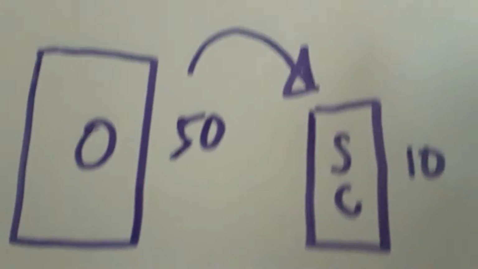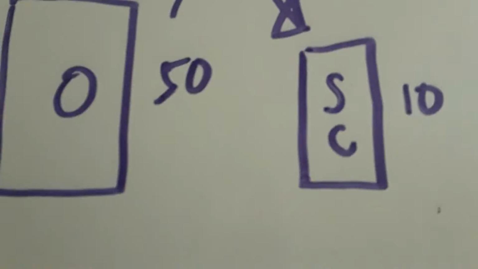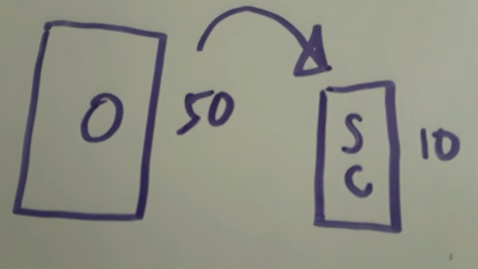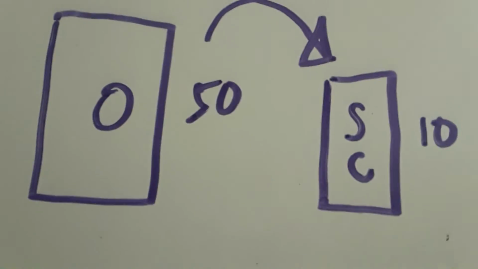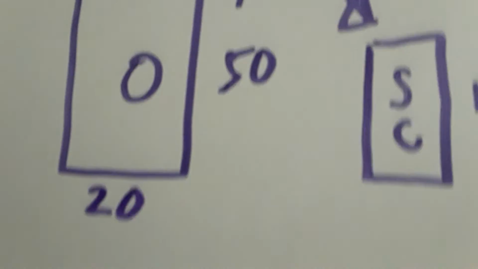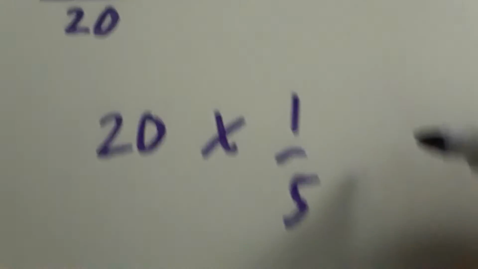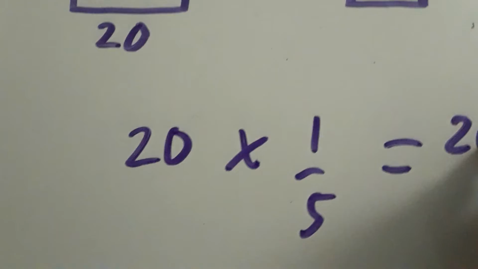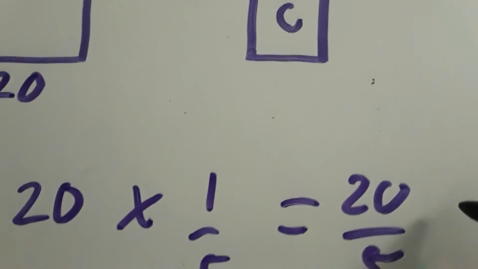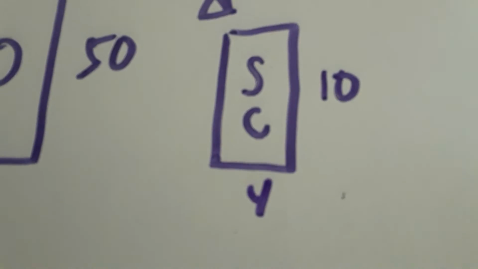So, you know, what that means, of course, is that if you knew that the width of this rectangle was 20, a couple things you could do. You could take 20 and times it by 1/5, and you would get 20 over 5, which is equal to 4. So you'd know that the missing side over here was 4.